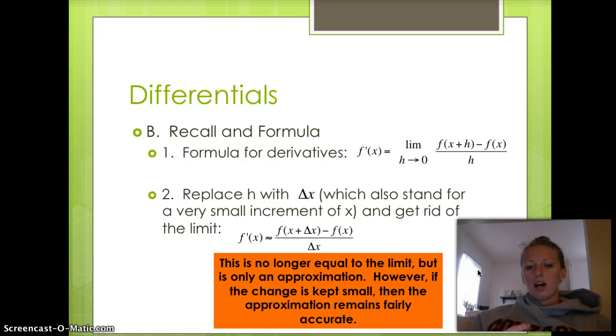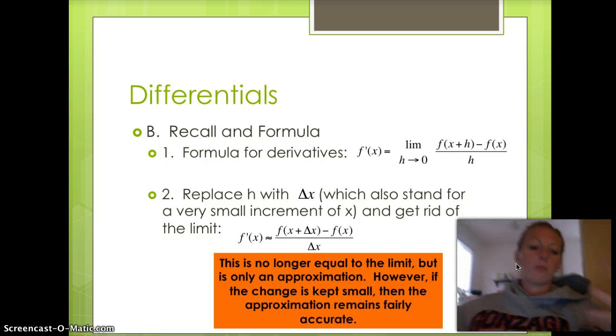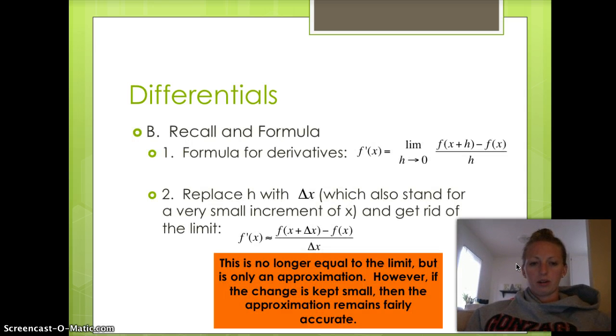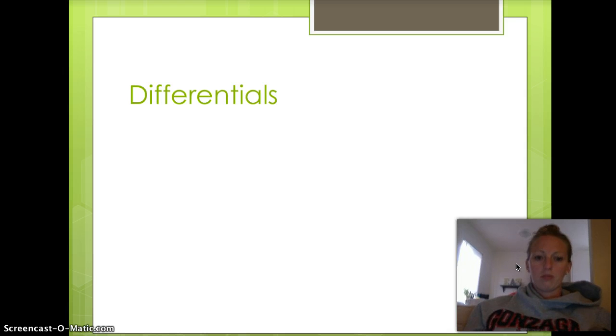Even though it is an approximation, as you can see, it's pretty close to being accurate. It's as close as we can get without being exact, essentially. So again, remember, you can always pause to write it down, but I'm going to keep moving.